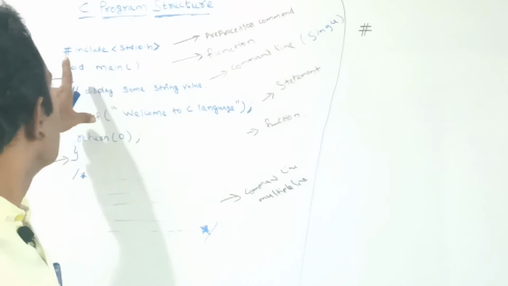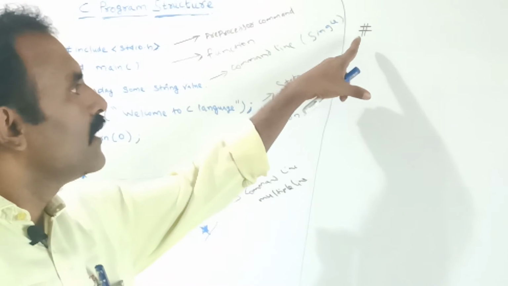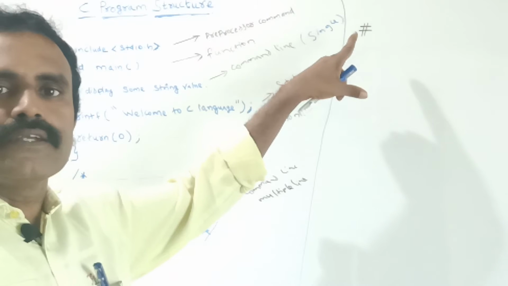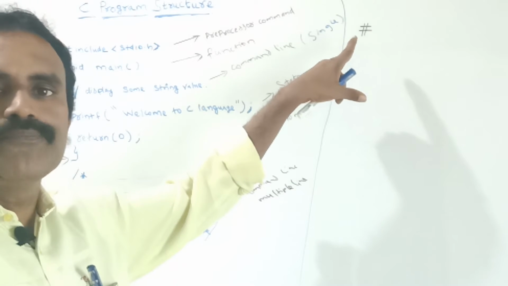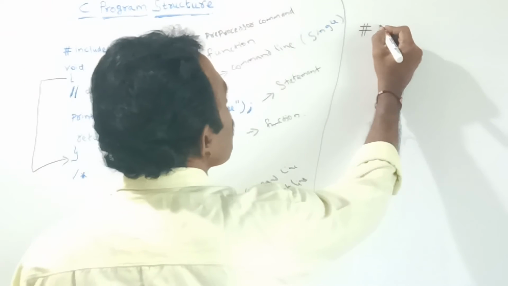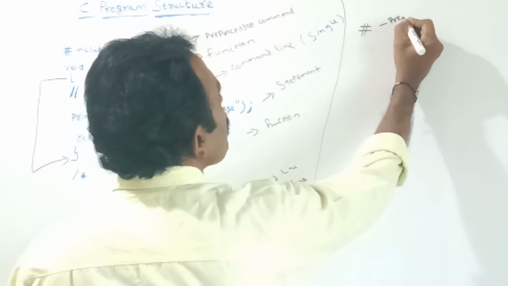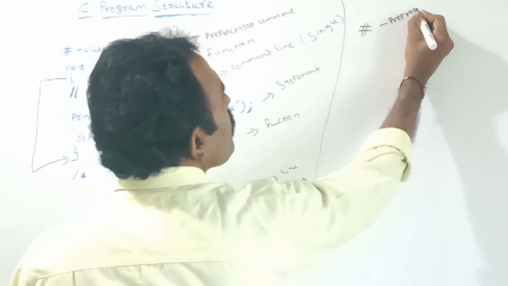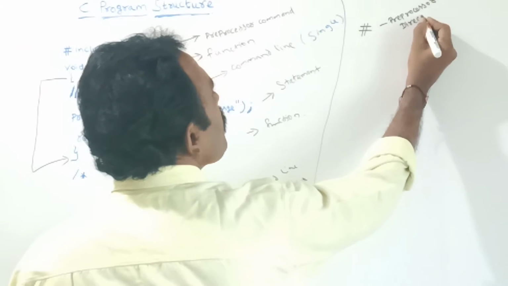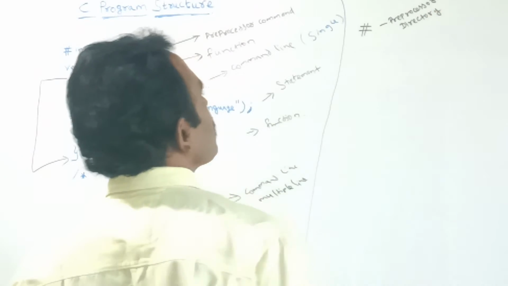In that we should use the hash symbol. It denotes the preprocessor directive.